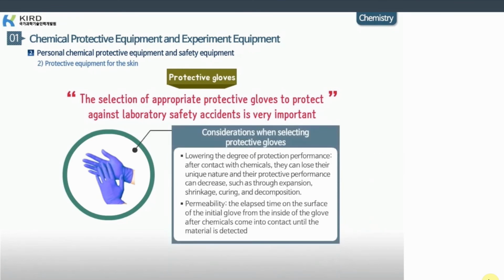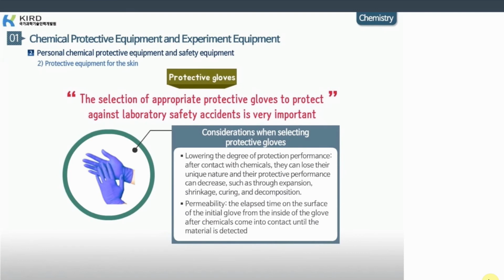Considerations when selecting protective gloves are the reducing degree of protection performance and permeability. The reducing degree of protection performance means that after contact with chemicals, the degree of loss of the unique nature and the decrease in the protective performance by, for instance, expansion, shrinkage, curing, and decomposition.